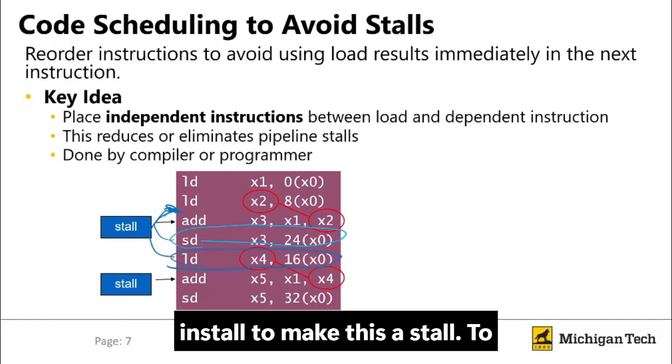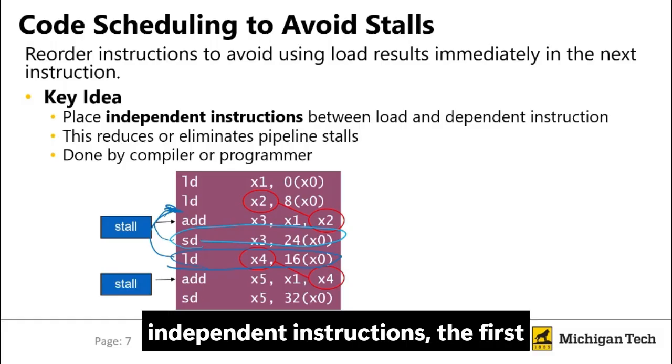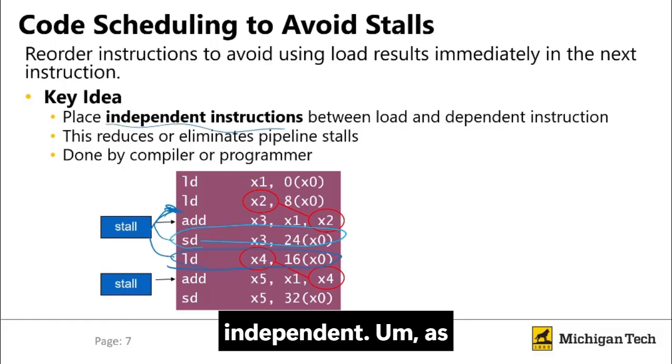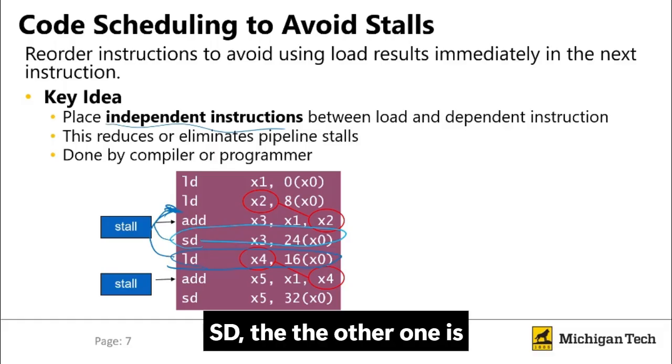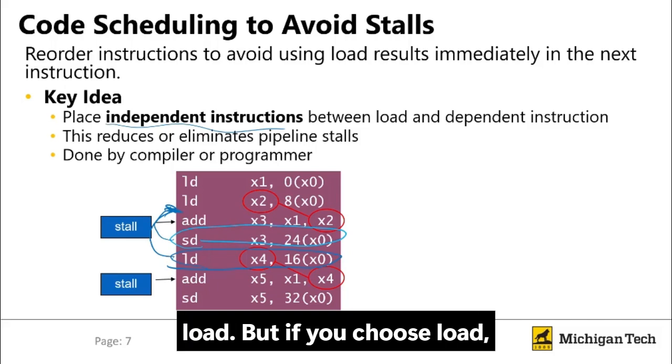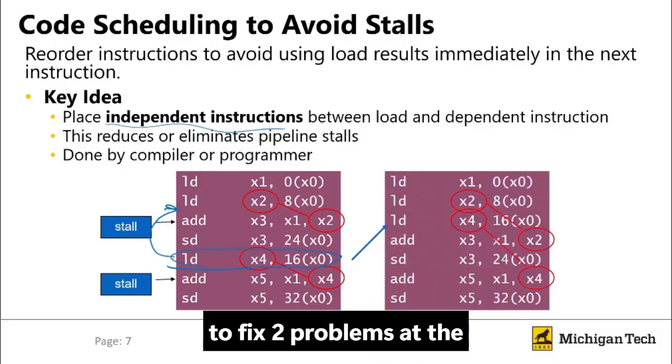To fill this stall, we need to find independent instructions. The first independent is the add, SD. The other one is load. But if we choose load, we're going to fix two problems at the same time.